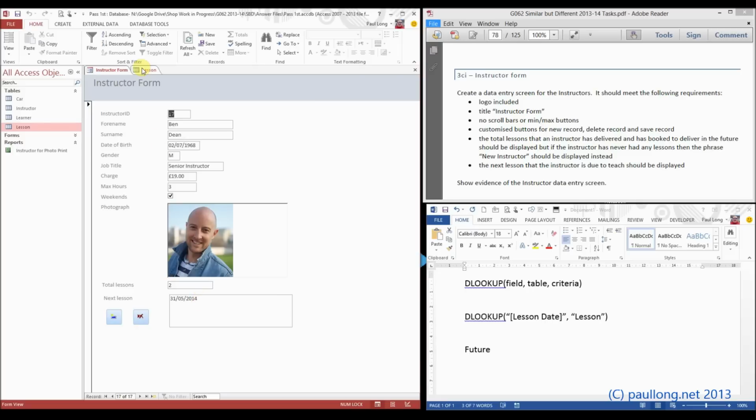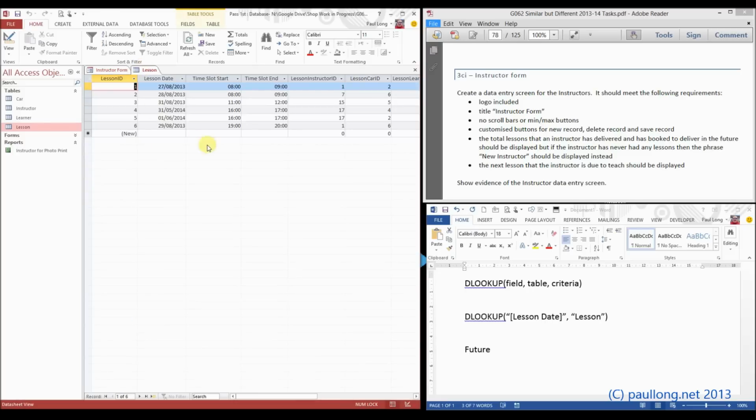However, it wouldn't necessarily show their next lesson, although that looks like it might be their next lesson because we've got 31st of May and then we've got 1st of June as the next one. If I change this one to the 1st of May 2014, we would expect their next lesson to be the 1st of May. But what we've done by using DLookup is it just finds the first record that matches the criteria.